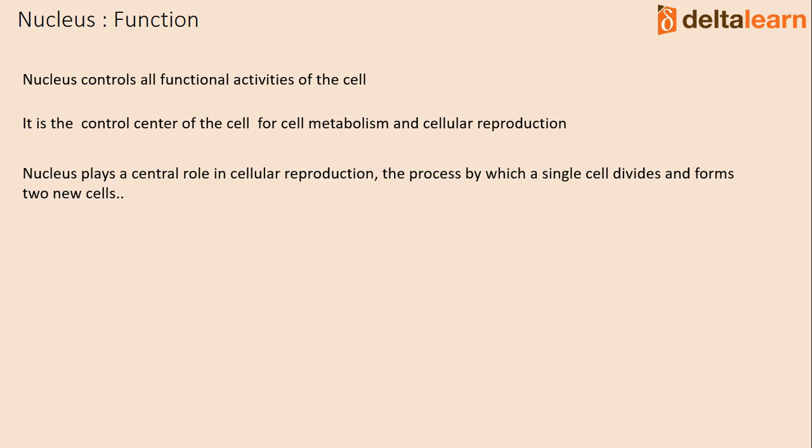In some organisms, like bacteria, the nuclear region of the cell may be poorly defined due to the absence of a nuclear membrane. Such an undefined nuclear region containing only nucleic acids is called a nucleoid.